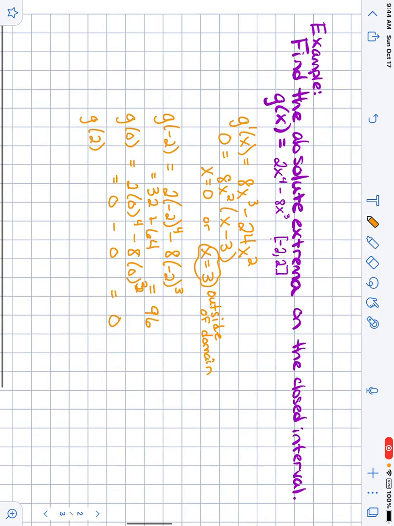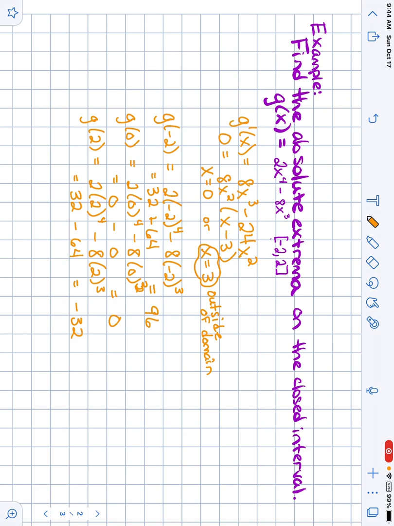But let's try plugging in +2, see what happens. So if I plug in +2, I get 2 times 2 to the 4th minus 8 times 2 to the 3rd. 2 to the 4th is 16 times 2 is 32. 2 cubed is 8. 8 times 8, negative 64. So I get a y value of negative 32.